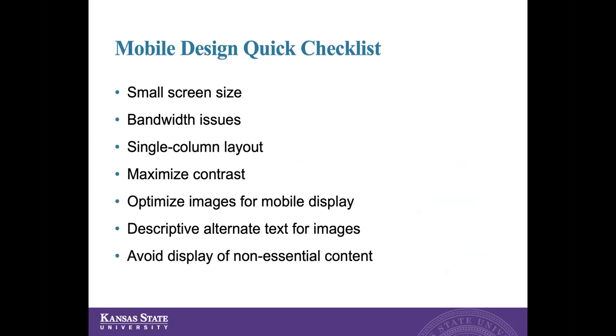But you do have to think about screen size when you're designing. You don't want multiple columns on the mobile screen. If you start with a three-column design on the desktop, we'll make it responsive so it goes down to a single column on the phone. Also optimize images for mobile so they're viewable, and avoid non-essential content.